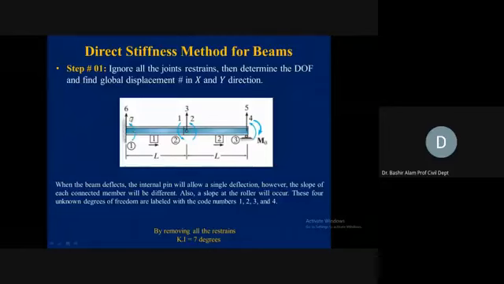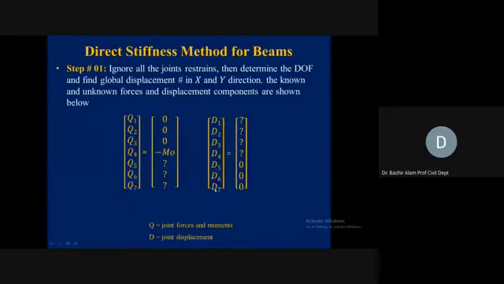D6 and D7 at joint 1 are 0 because of the support conditions. Similarly, the vertical translation at joint 3, our D5, is also 0. So D5, D6, D7 are 0, and the rest are unknown.